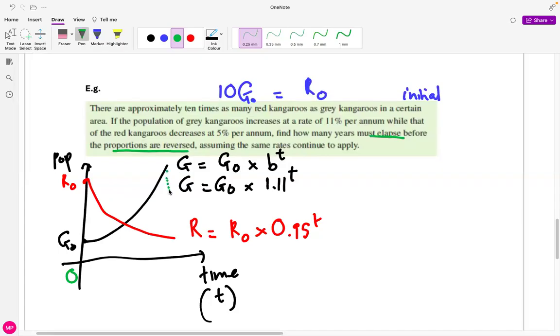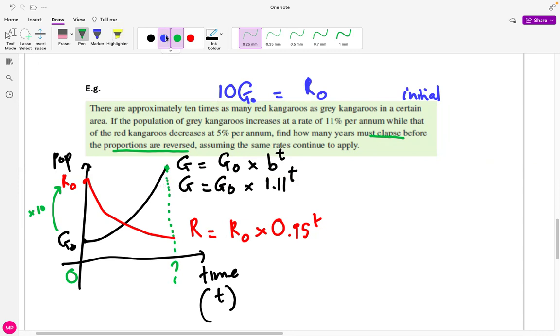So they're telling you that after some years, that's what we're looking for: how many years it takes for gray to become 10 times of red.